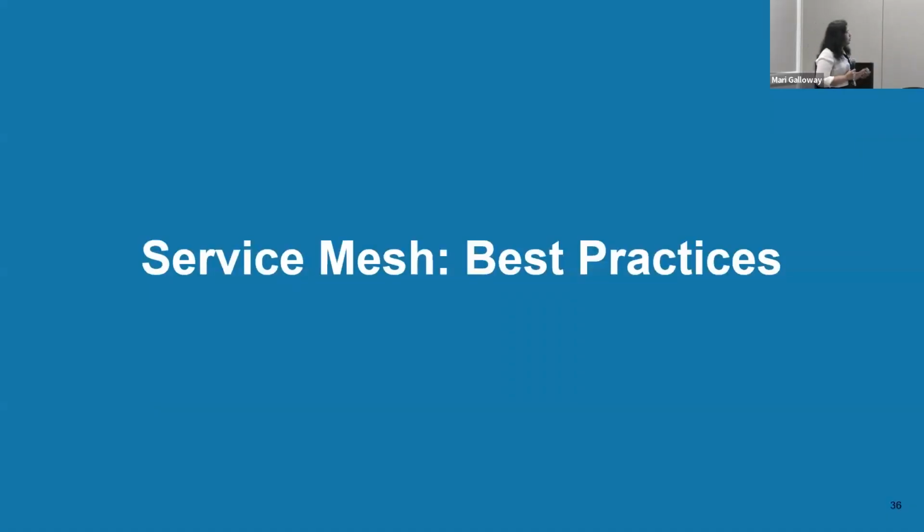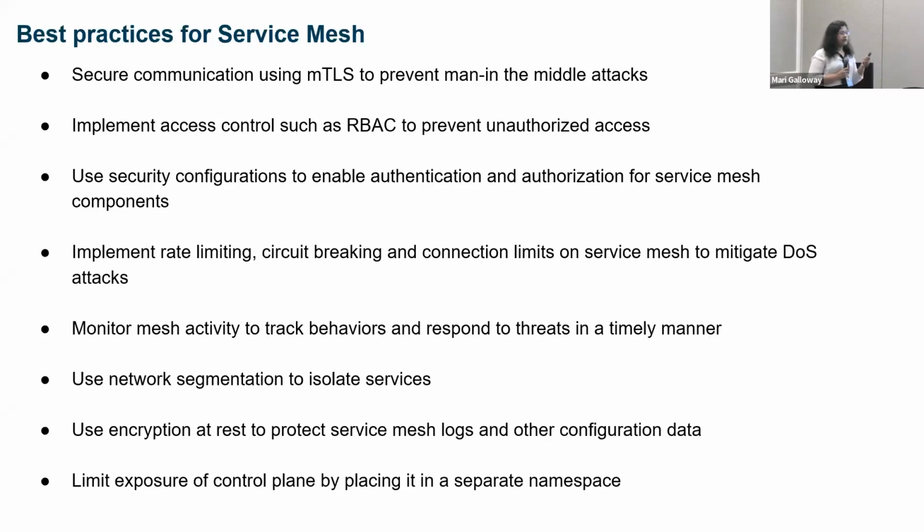Okay, so you can have all the tools and gadgets in the world, but if you do not set them up properly, then it's of no use. So that's why I'm talking about some of the best practices that you have to remember while implementing service mesh in your environment. First, you can set up service mesh but still turn off MTLS.